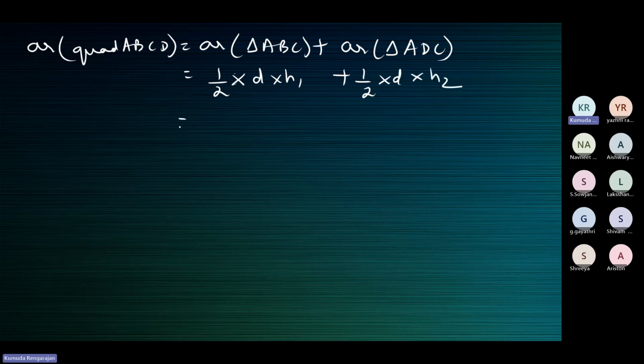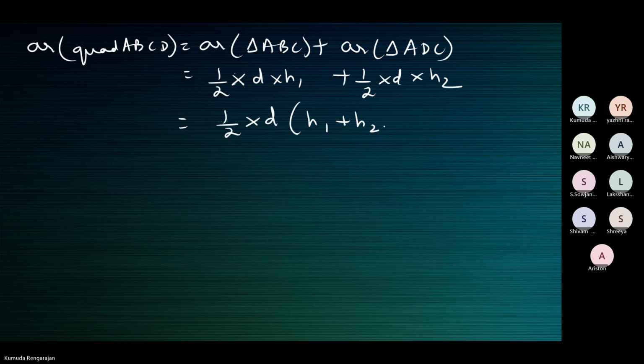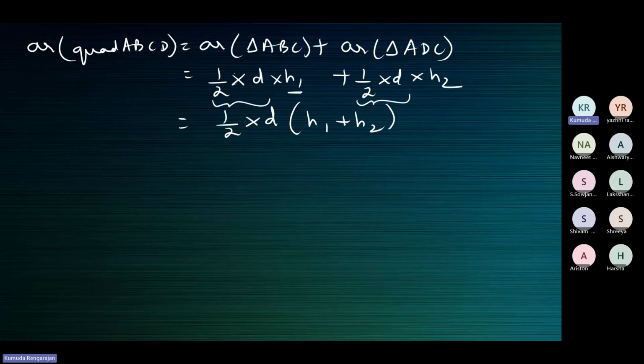So now what's common? Half into D is common. So in the bracket, you will get H1 plus H2. Now what is left out in the first one? H1. What is left out in the second one? H2. So that's how we get this formula. Half D into H1 plus H2 square units. Yeah, right on.